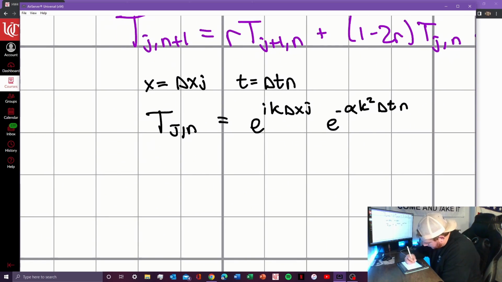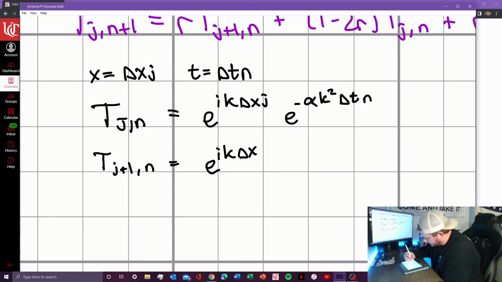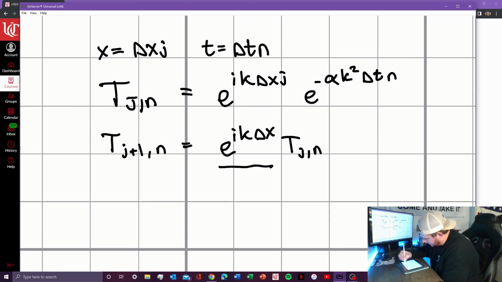Now for the example of j plus 1, we are going to have e to the I k delta x, but since this is the plus 1 term, the rest of it is repeated, so we can just multiply that by the j n term. Again, to reiterate, this is the plus 1 term, and for the rest we can just repeat instead of rewriting the whole thing.